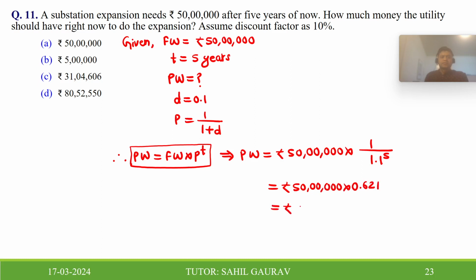It comes to about 31 lakh 4606. So this is the answer, and C is the correct answer.